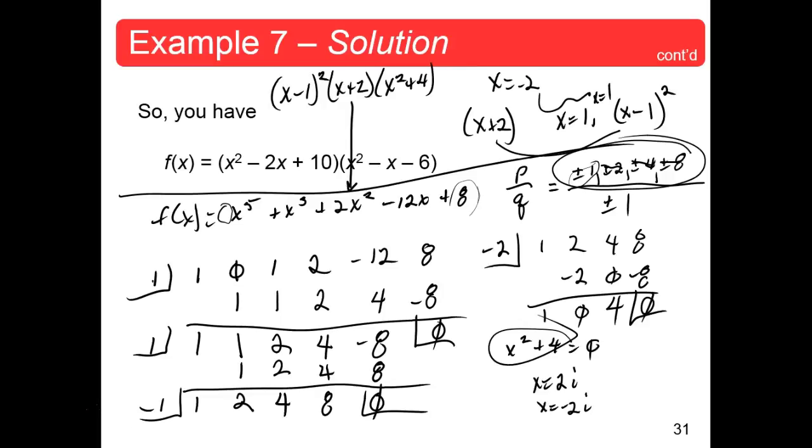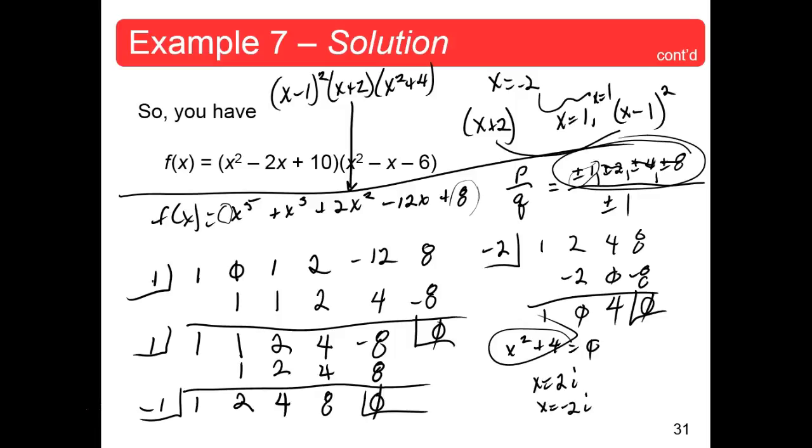That's as far as I'm requiring you to go. The book probably is going to factor it and say x plus 2i times x minus 2i. Those are factors as well, but I'd just as soon leave it as x squared plus 4. Leave it as real factors, real coefficients of factors.